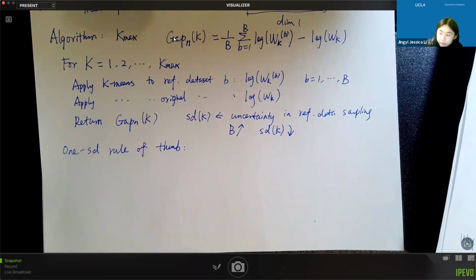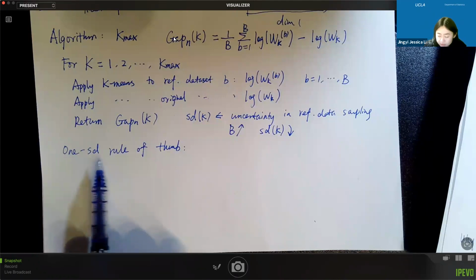Because we always prefer a smaller k, right? That's what we call Occam's razor. It's the principle of choosing the simplest model, or another way of saying it is the sparsity principle. You want to prefer a simpler model over a complex model. In the context of clustering, more clusters is more complex than fewer clusters.